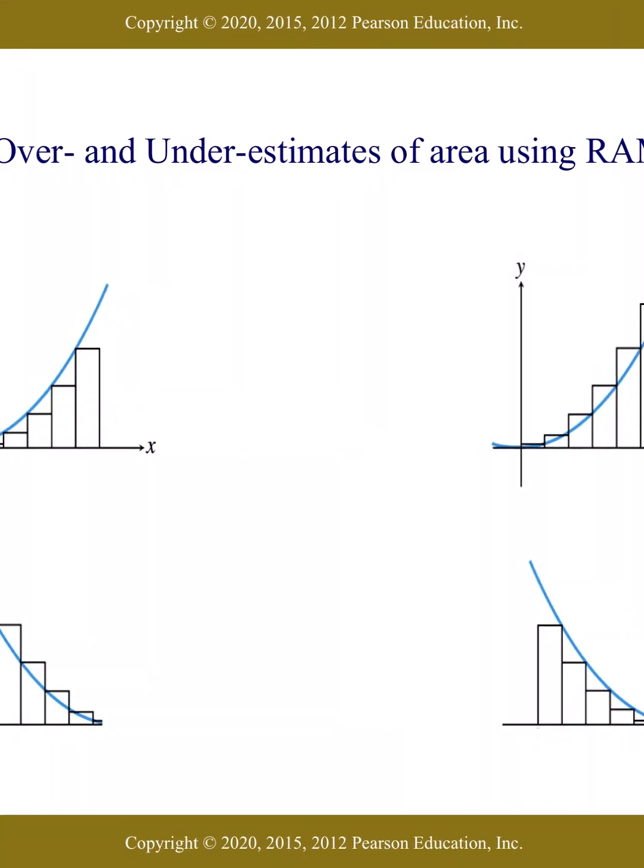So remember yesterday we talked about how RAM has pros and cons, and how one way that RAM is always going to produce either an overestimate or an underestimate or part of both, depending on how the concavity and the direction of the graph would go. So you would need to be able to be comfortable writing an explanation.